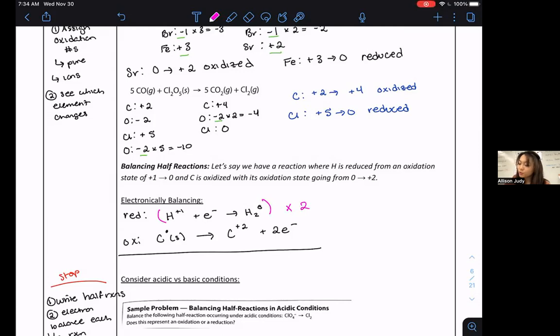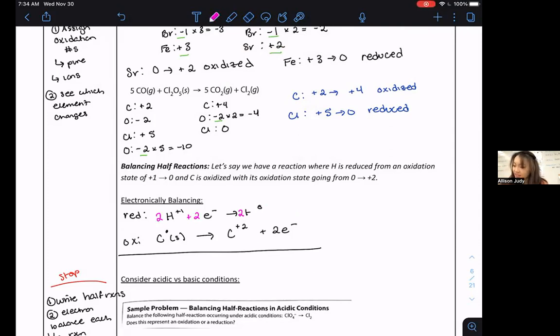So that when I multiply by 2, I get the following adjusted balanced reaction. Okay. And actually, I shouldn't have written H2, because it's supposed to become H2.